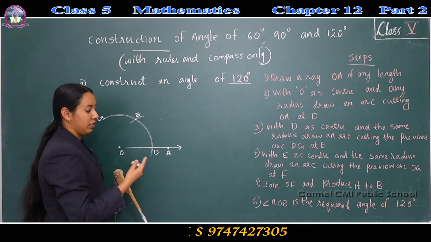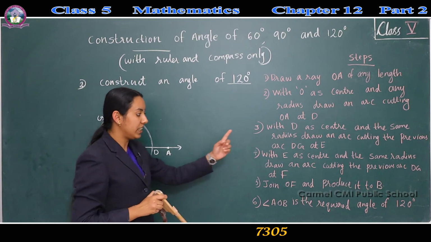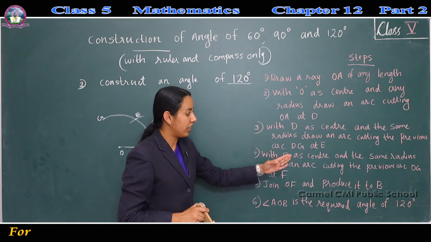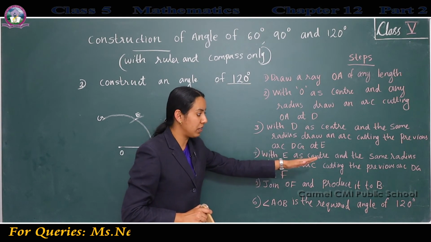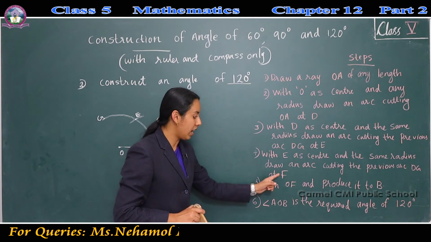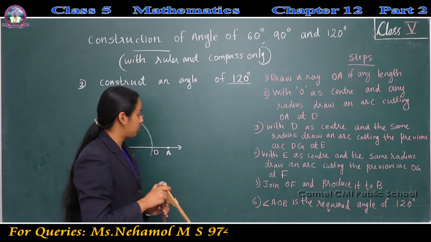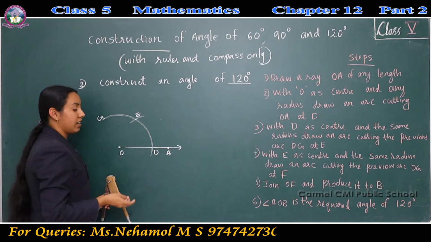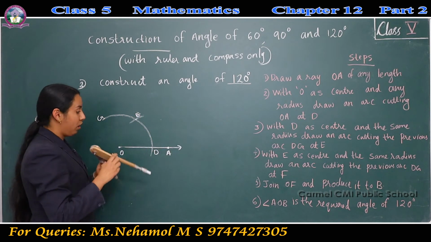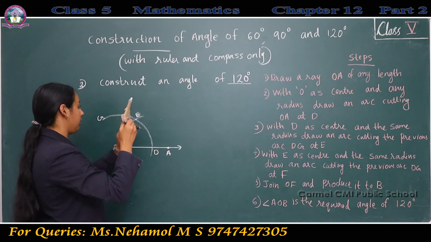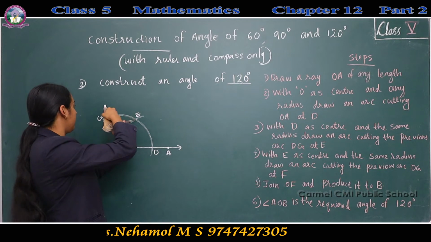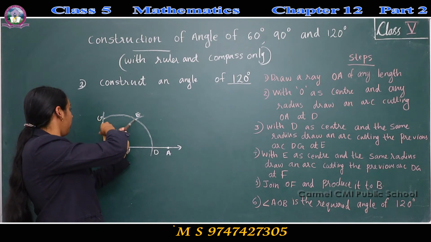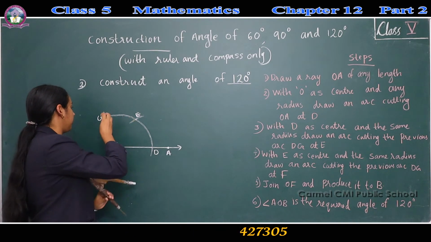Then next step, with E as center and the same radius, draw an arc cutting the previous arc DG at F. So with E as center, we have to draw another arc with the same radius.